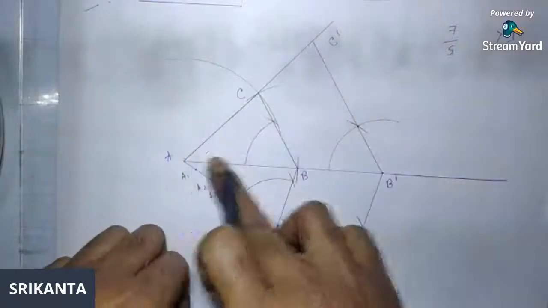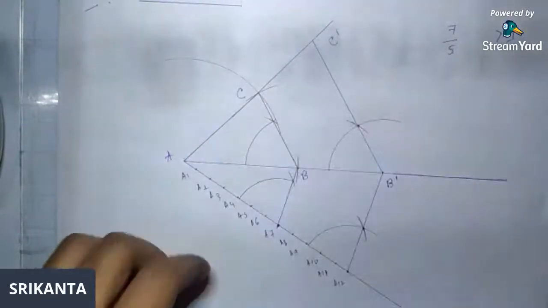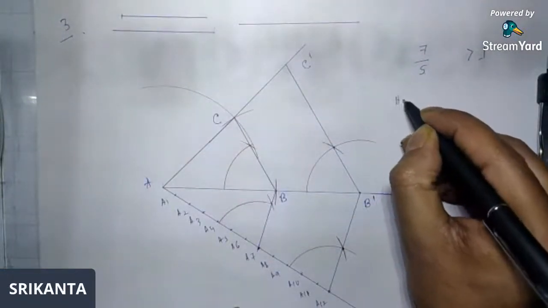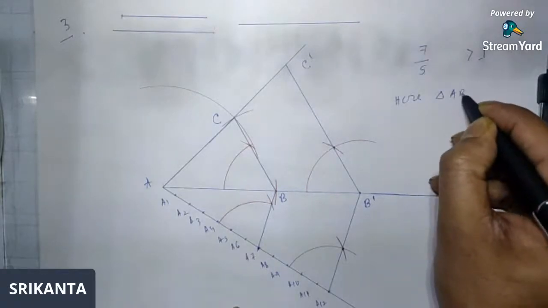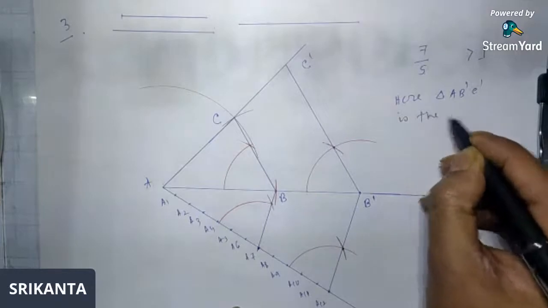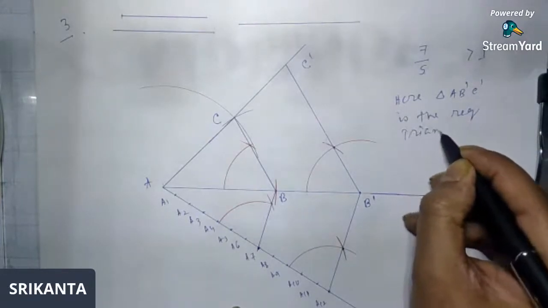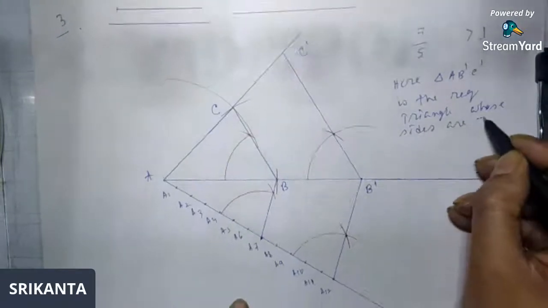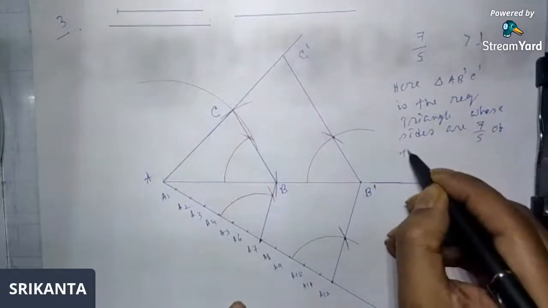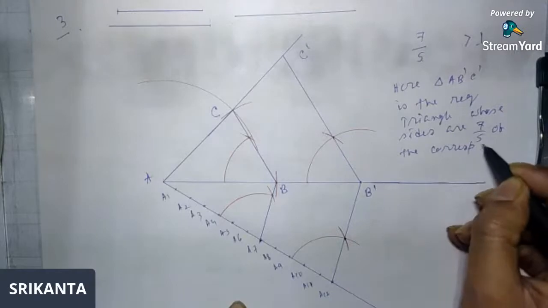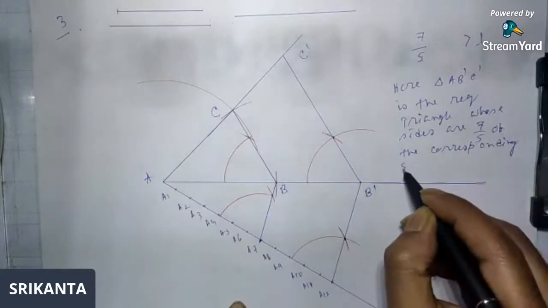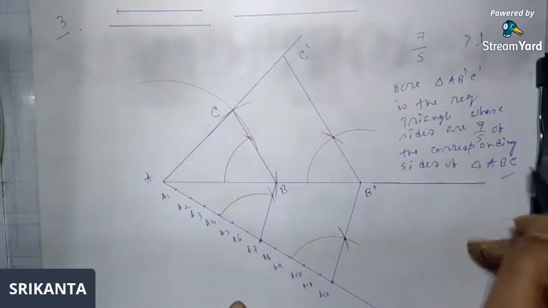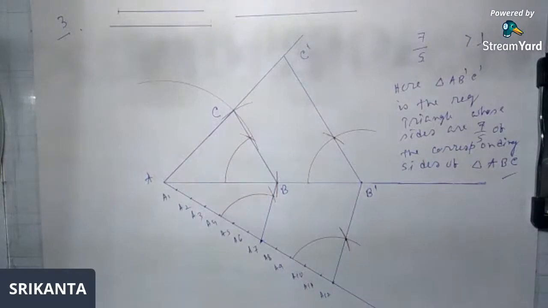So here this is our required triangle A, B dash, C. So you write the steps as we have drawn, and then we'll write here triangle A, B dash, C dash is the required triangle whose sides are 7/5 of the corresponding sides of triangle ABC. This concludes our sum.